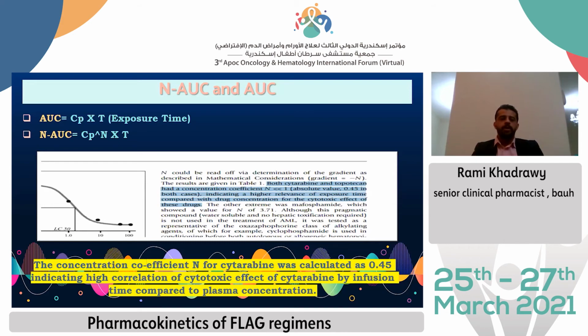If you increase the concentration by a fold of 2, you need to decrease the time of exposure by more than 2 folds in order to reach the same iso effect, and vice versa for n values less than 1. So in cytarabine, in this study, the n value was 0.45, concluding that it is more correlated to the time of exposure rather than the concentration in the plasma.